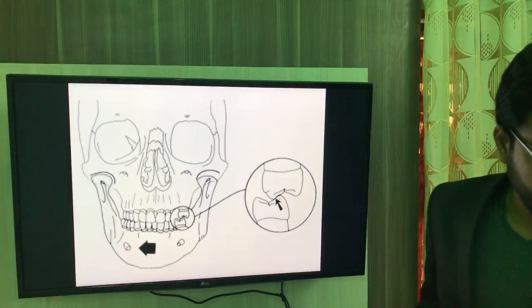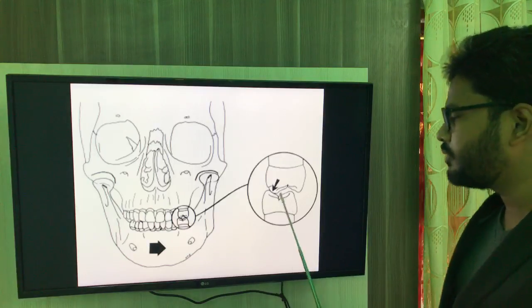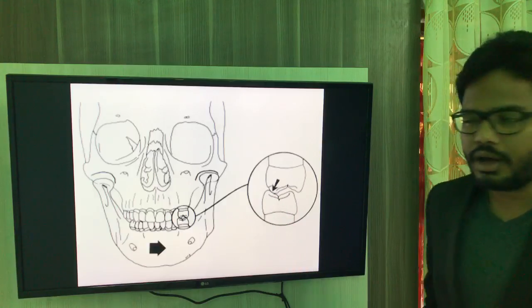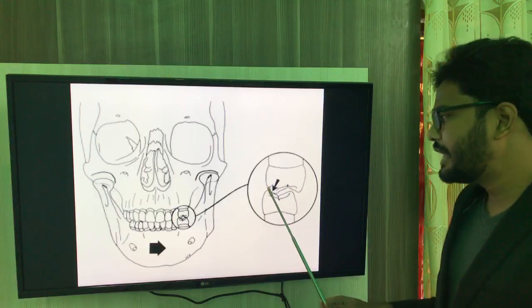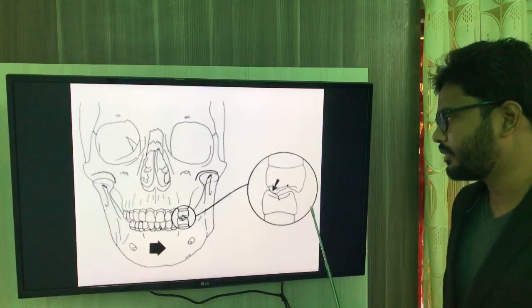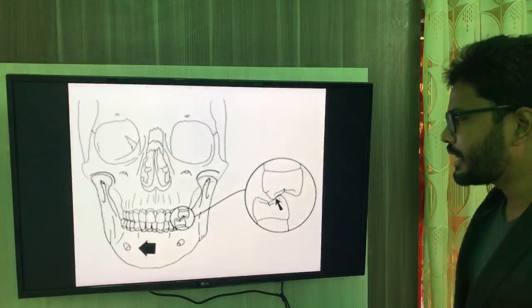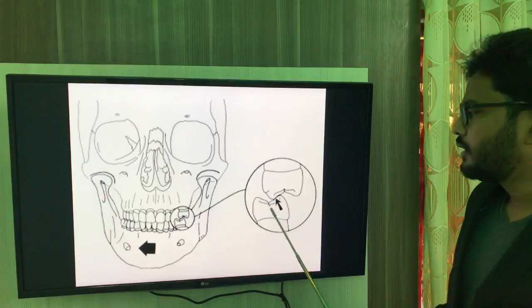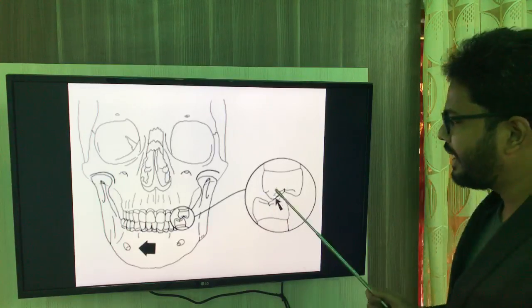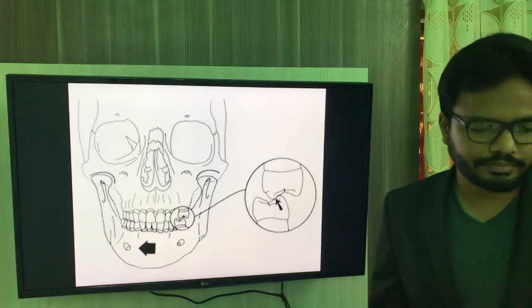And you can see here working side and non-working side interferences. Working side interferences are because of the facial incline of lingual cusp of lower molar and lingual incline of palatal cusp of upper molar. Non-working side interferences: the lingual incline of facial cusp of lower molar and facial incline of palatal cusp of upper molar.